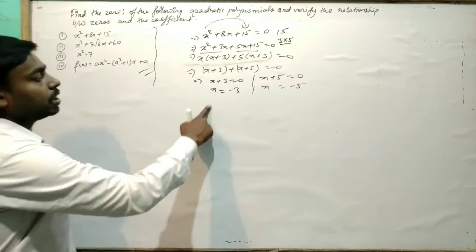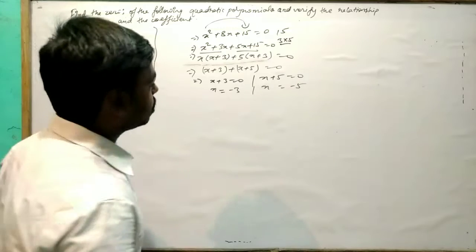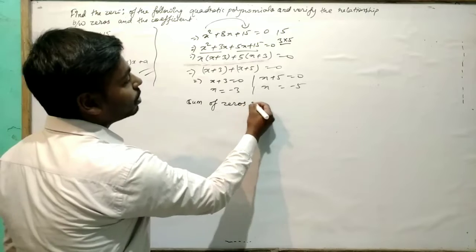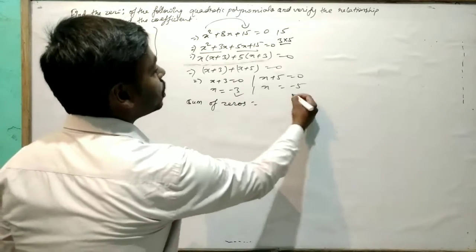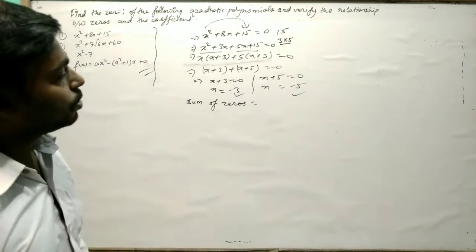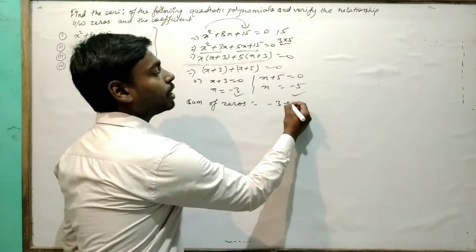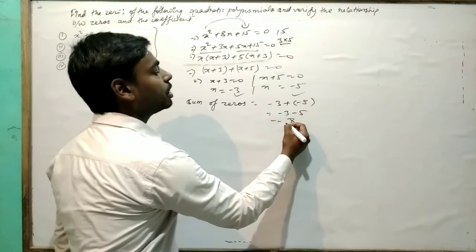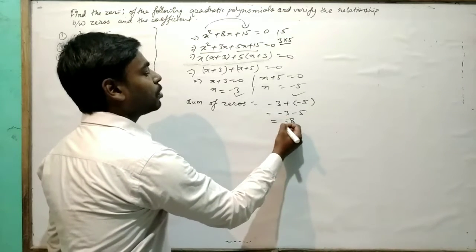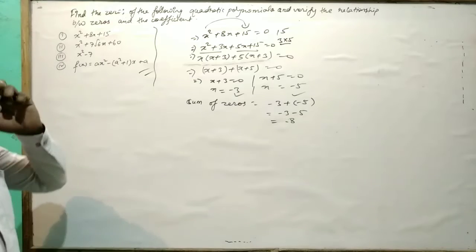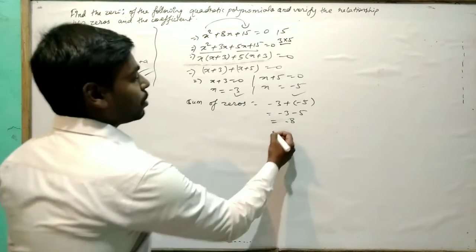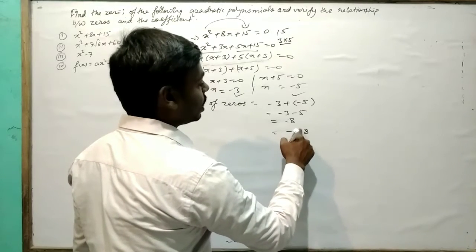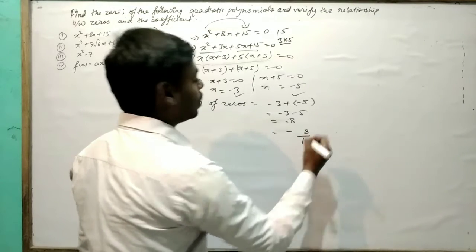Okay, the first relation is the sum of zeros. What is the sum of zeros? We have two zeros, minus 3 and minus 5. So we have to add these two terms, minus 3 and minus 5, which is minus 8. Minus 8 we can write as minus 8 by 1.